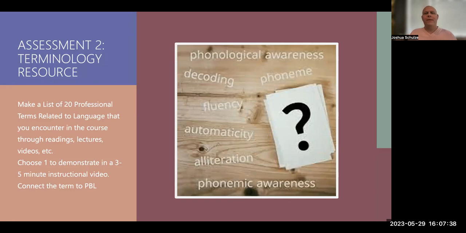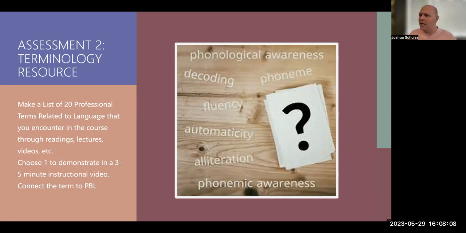One more time. You're going to have the terms. You will choose one term of the 20 that you've collected, and then you'll show us really what that term looks like when it's incorporated into an instructional strategy to support students in understanding perhaps decoding or phonemes or fluency, in the context of what it might look like in a place-based learning lesson.